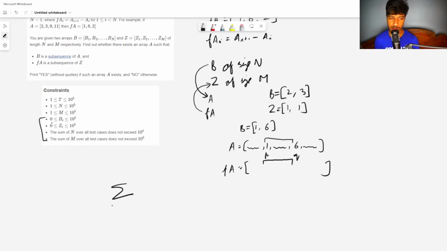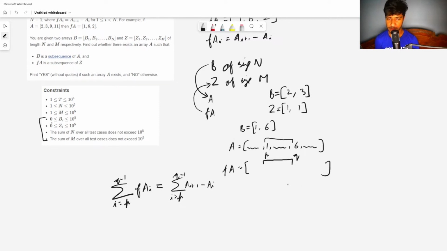So the summation of i equals P to Q minus 1 of f of A i, right? And what is f of A i? F of A i is A i plus 1 minus A i.